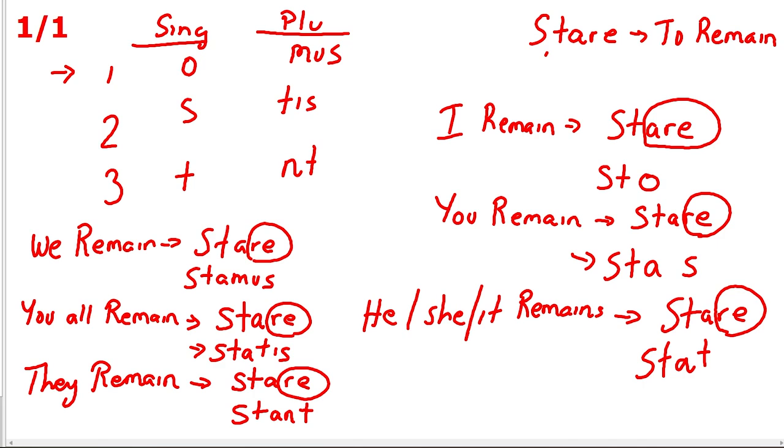For the rest it is only the last two letters, RE, which are taken out and substituted with the endings. So therefore what is important is to remember these endings. These endings you should know by heart, because if you know this, you can substitute it for any verb. Any doubts with regard to this?